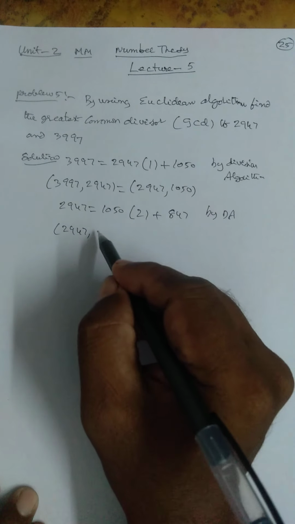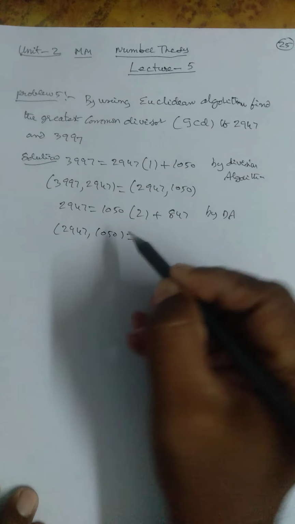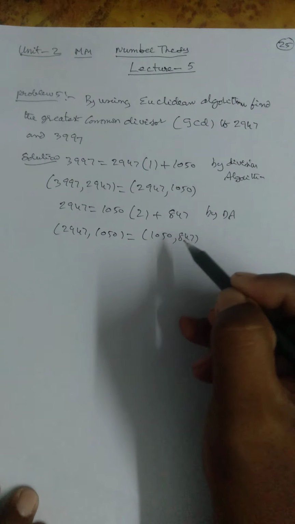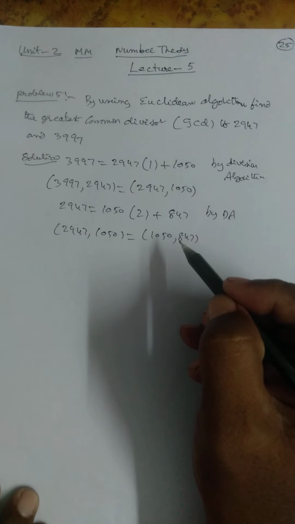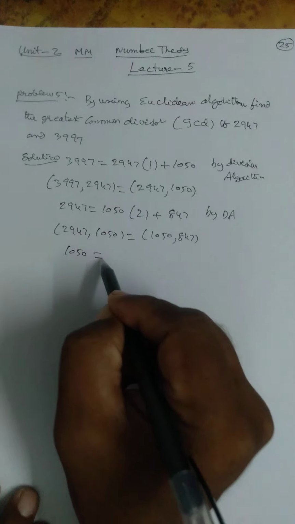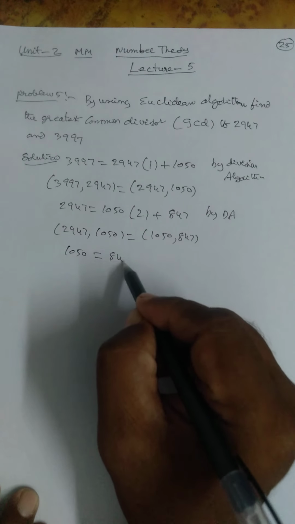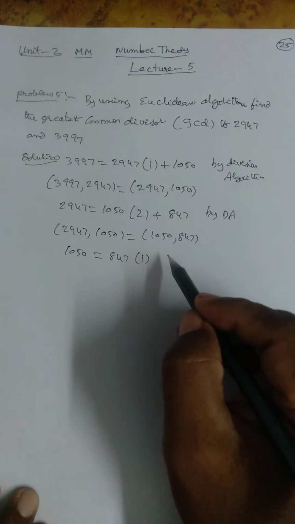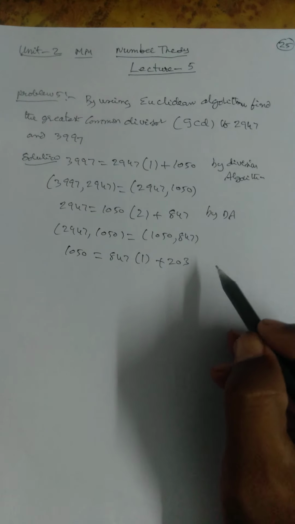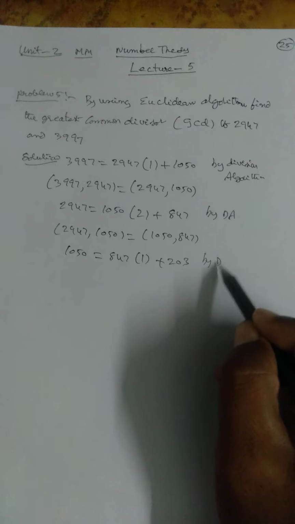GCD of 2947, 1050 is nothing but GCD of 1050, 847. Now you write 1050 is equal to 847 into how many times? Only one time. Remainder 203 by division algorithm.